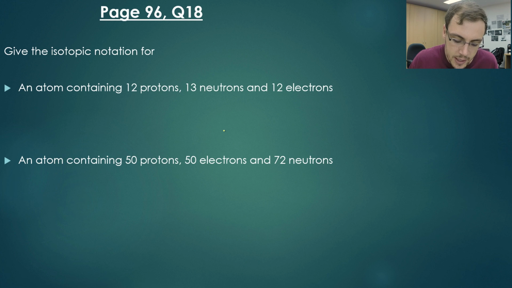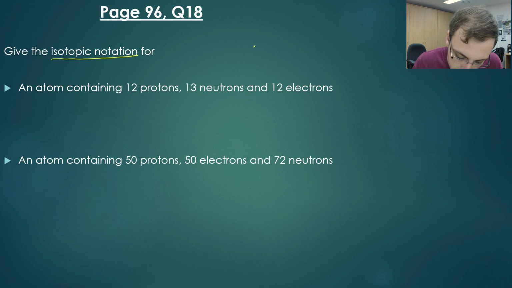Okay, so let's begin. Let's look at question 18 on page 96. The question states, give the isotopic notation for an atom containing 12 protons, 13 neutrons, and 12 electrons. A couple of things should be jumping to your mind right now. The first thing is remembering the isotopic notation.